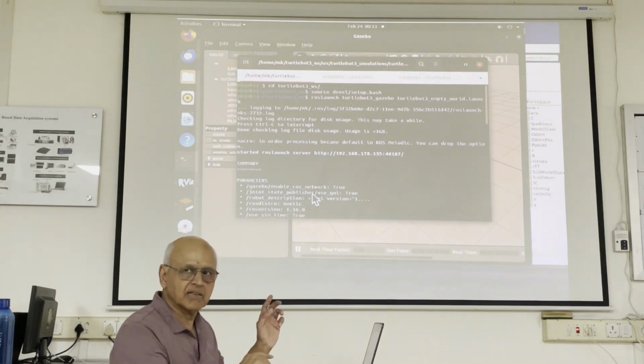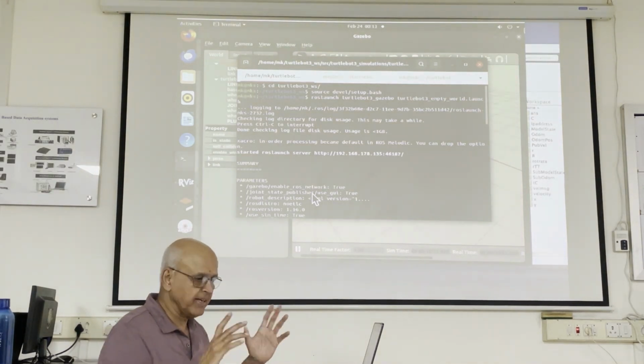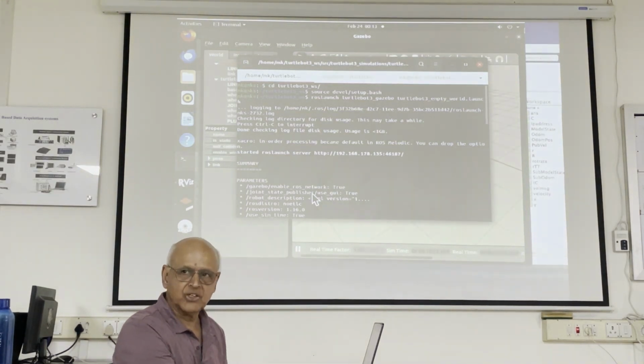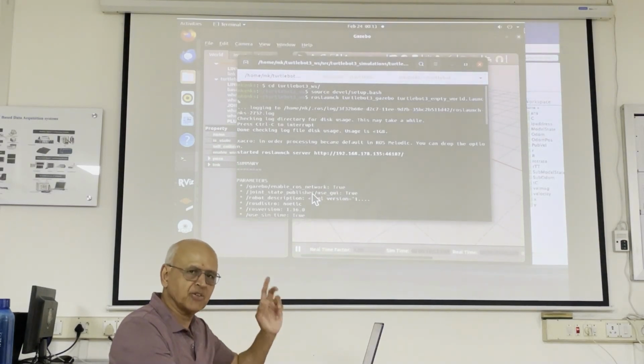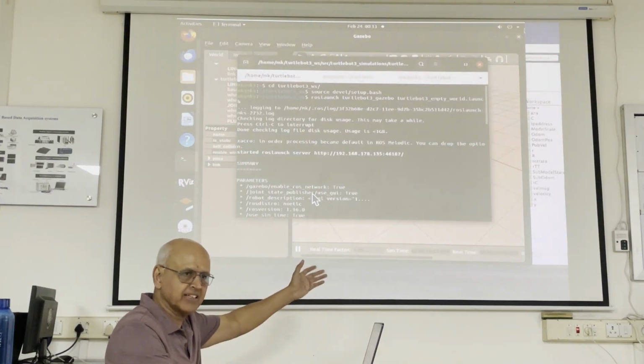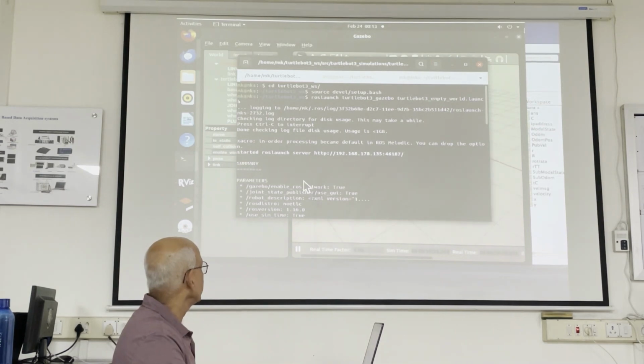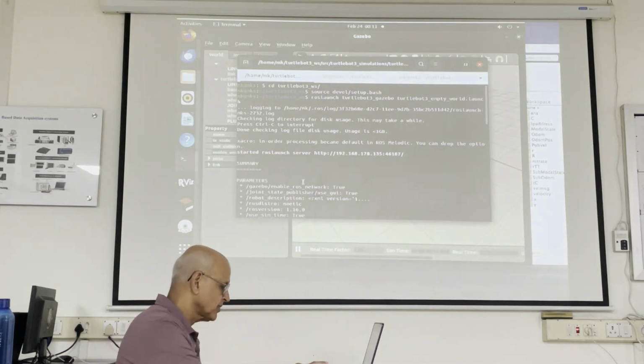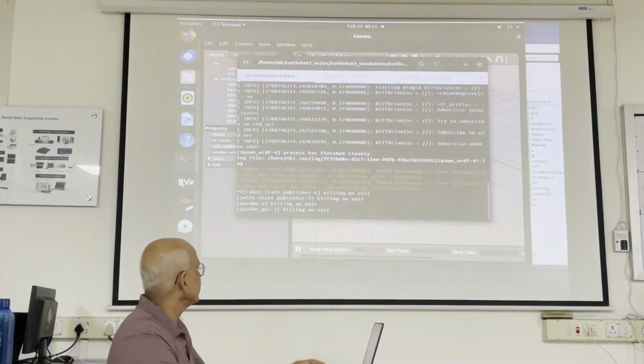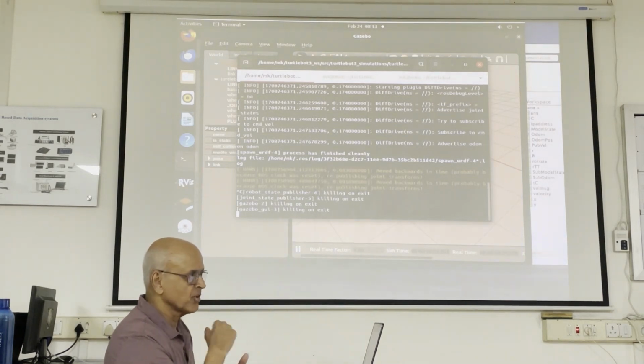So you know that Linux has many open processes, and you should shut them down. You shouldn't shut them down in the sense that if you shut it down right at the beginning, gazebo will be gone. Now you're ready to shut it down. It's an eternal process, so you have to hit Control-C. I don't know why it takes so long.